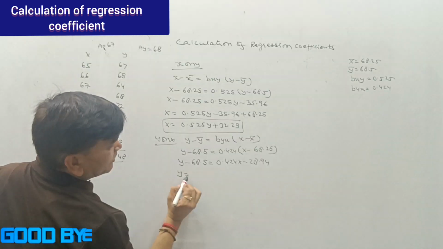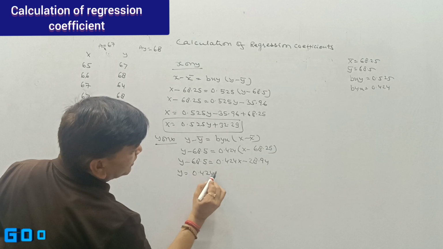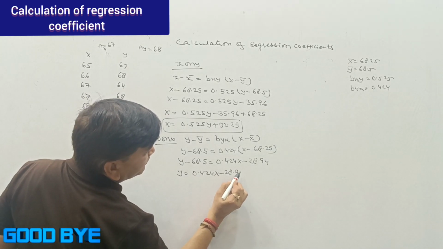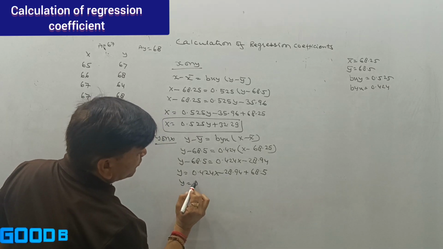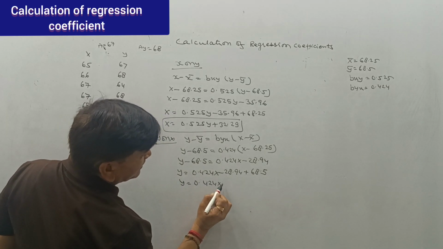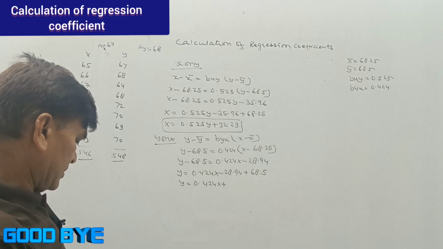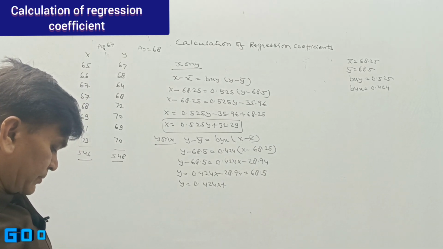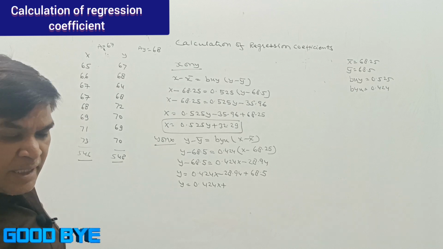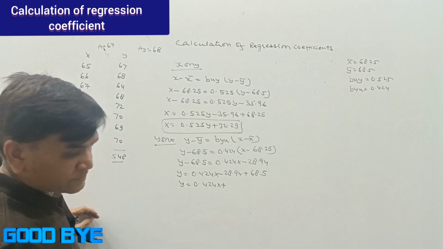So y will be 0.424 x minus 28.94 plus 68.5. So y equals 0.424 x plus 39.56.